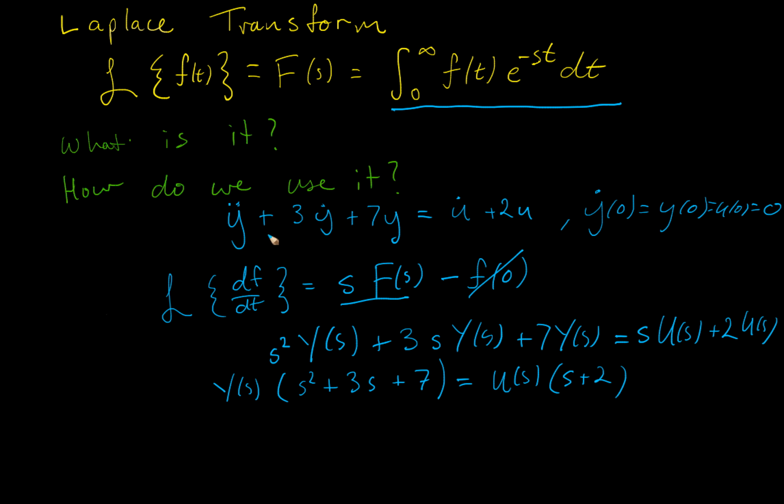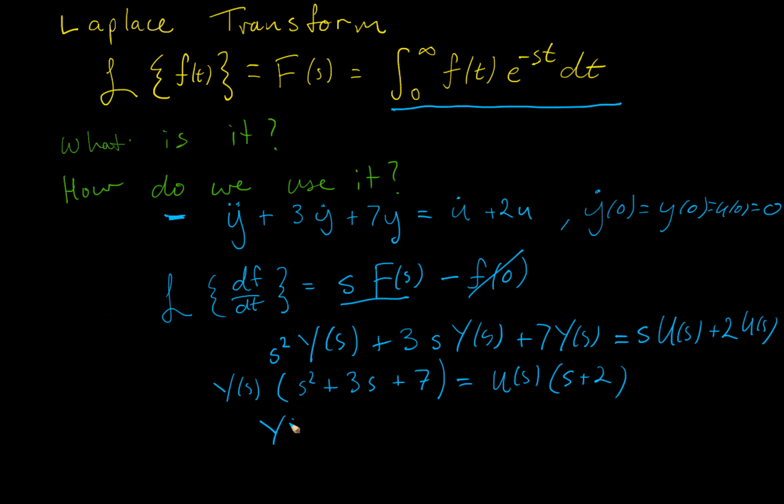So we started in the time domain with a differential equation, so something that relates derivatives of y to derivatives of u, and we ended up with something in the s domain which is just an algebraic equation. It says y and u are related just by some polynomials in s. And then we can say, well, let's actually just divide y by u.